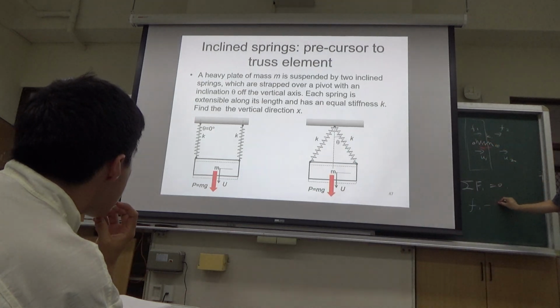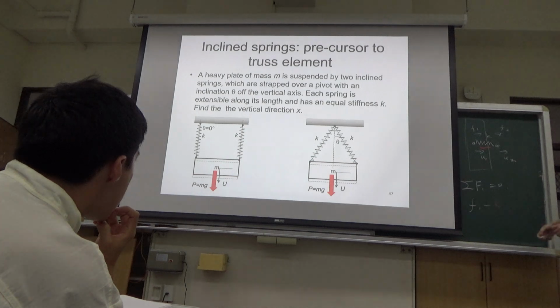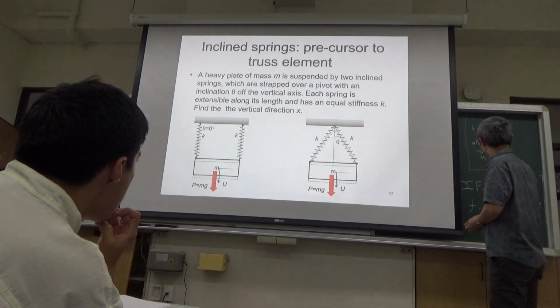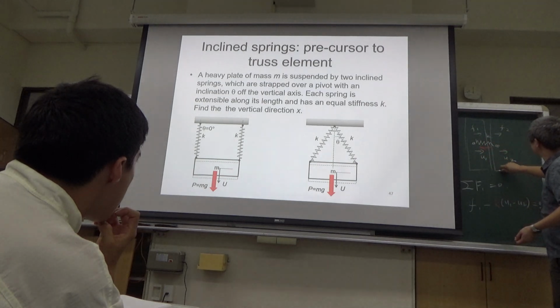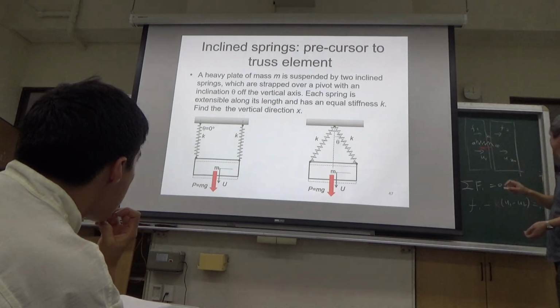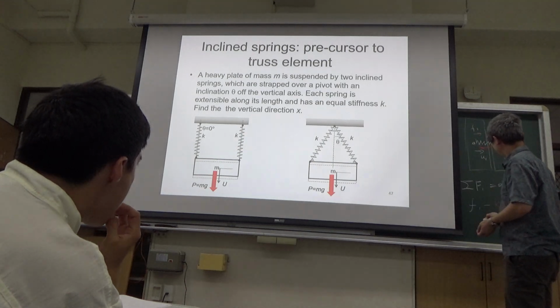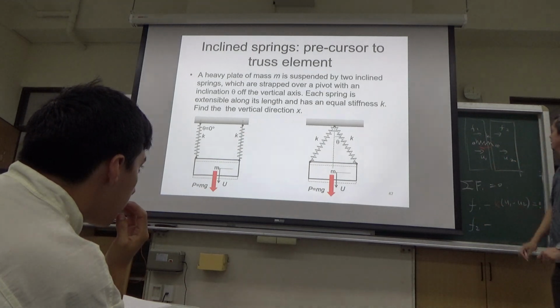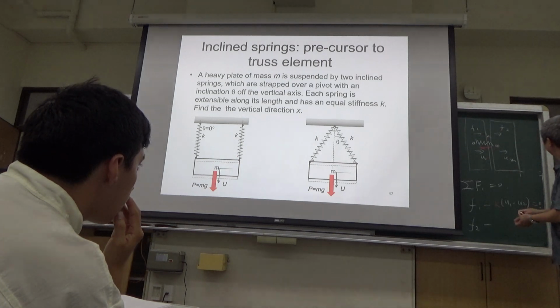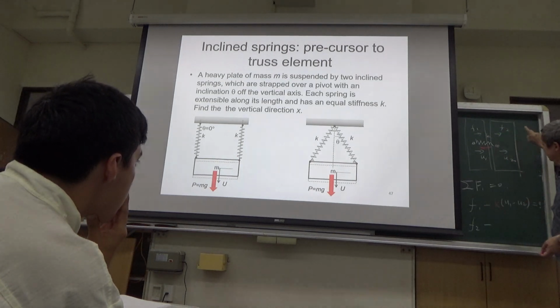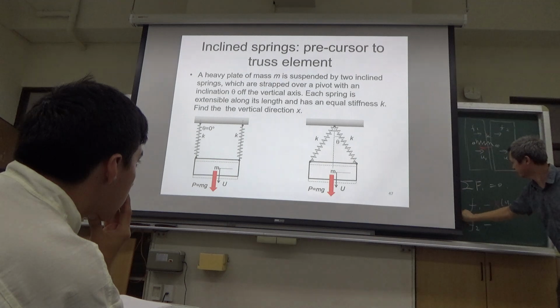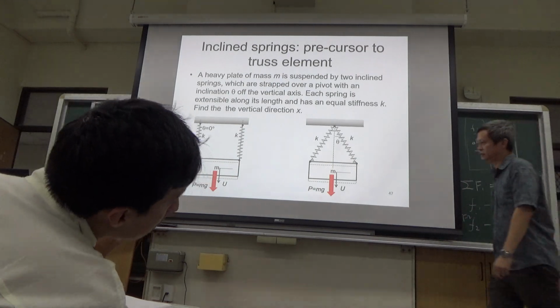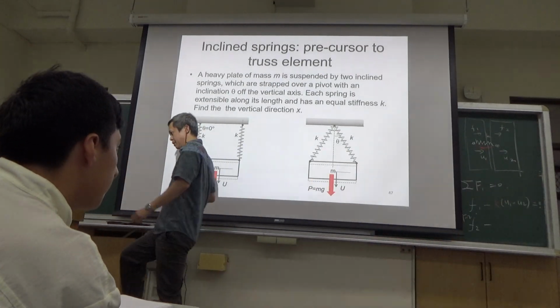This force back is K times (U1 minus U2). Likewise, you're able to write the second one: F2 minus the spring force, where F2 is forward. This is the force sum in two directions, like this.